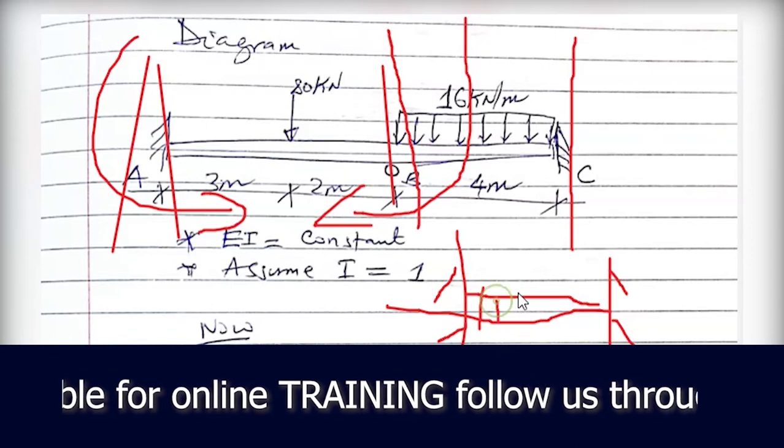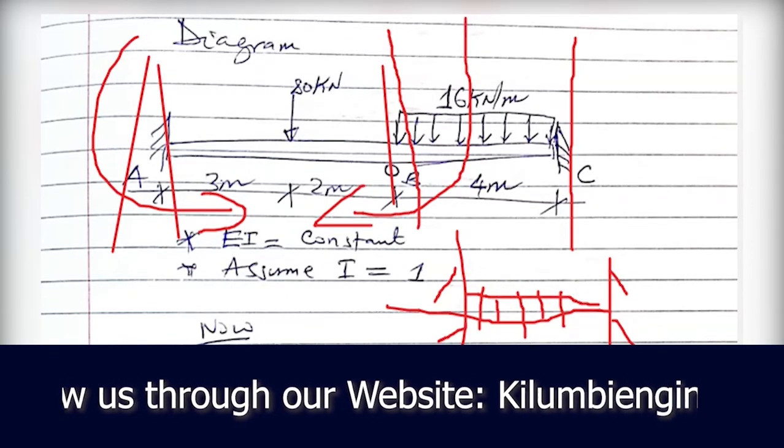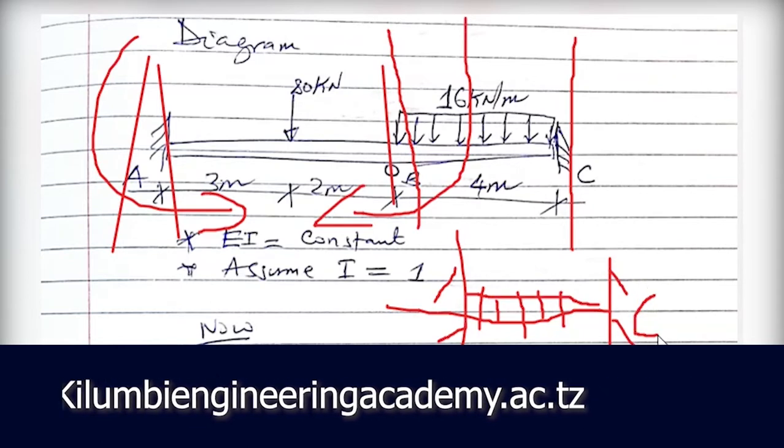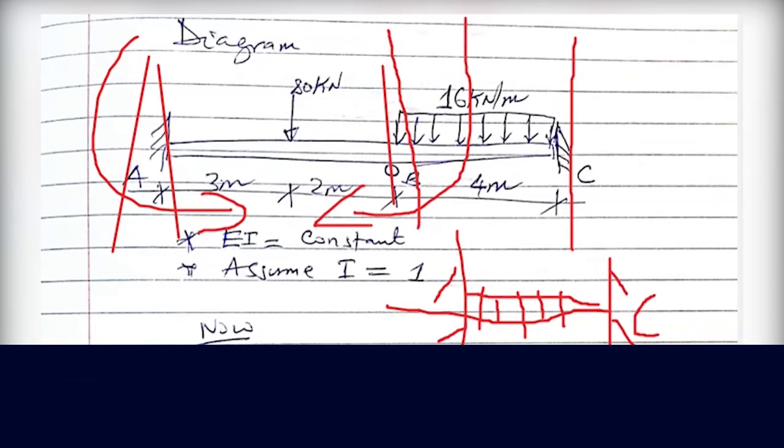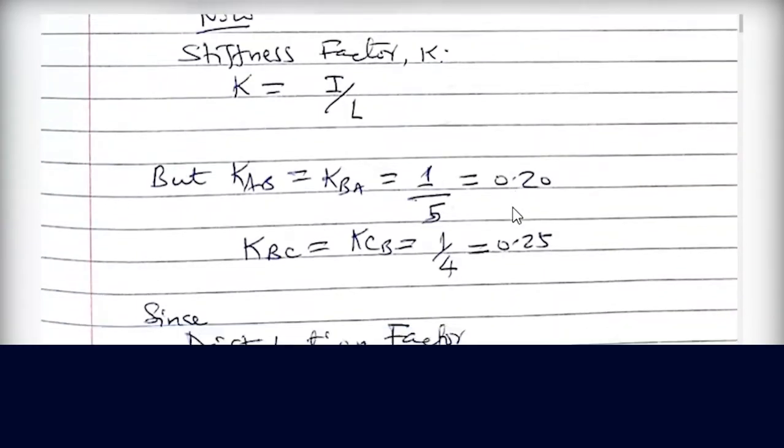It should be like this, this is point C, and this is point B. So the same consideration, the value here is about 16 kilonewton. Now let's proceed. Now once we proceed, what happens?